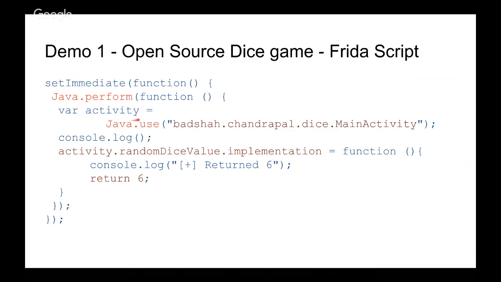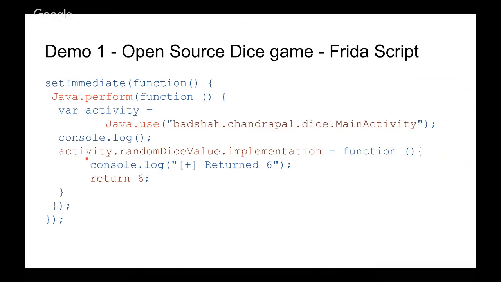Then we create our own variable, activity, and we use Java.use, the keyword given by Frida, to get control over this class, where Chandrapal.dice is the package name and MainActivity is the class. Then we do a console log, which is nothing but a print statement in JavaScript.